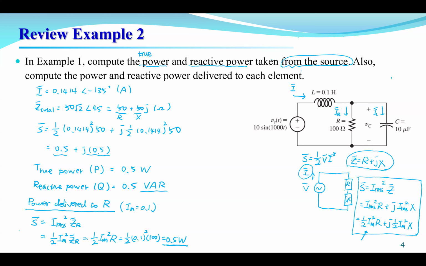The power delivered to the resistor is just true power.